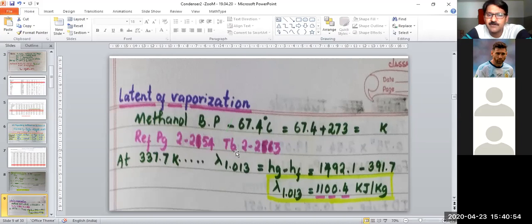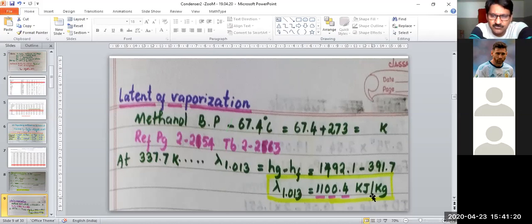Directly it is given for 1 atmosphere, 1.013. So directly it is Hg minus Hf. Hg is 1492.1 minus 391.7. Therefore, lambda at 1 atmosphere is 1100.4 kilojoules per kg. Okay, next heading you write down.